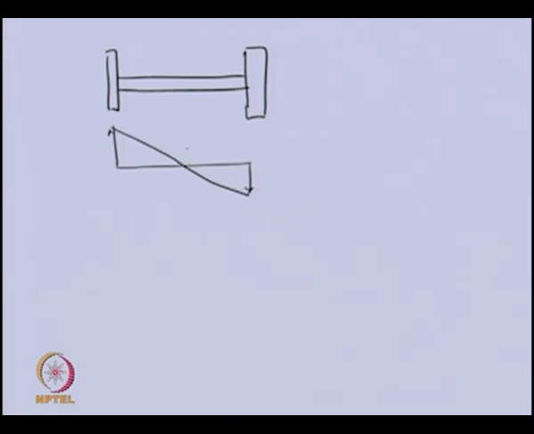So, this node position, because here displacement is 0, corresponds to the left hand side system, the shaft and the disc, and the right side system, because at the node position there is no displacement.